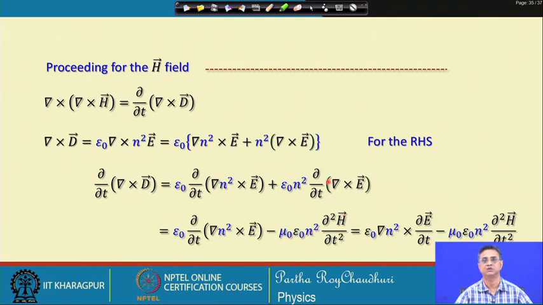So, altogether it becomes minus mu naught epsilon naught n square del square H by del t square, which is the right hand side of this equation.